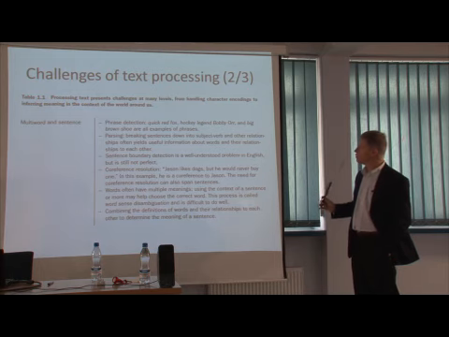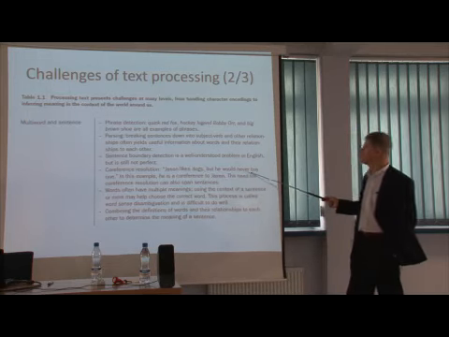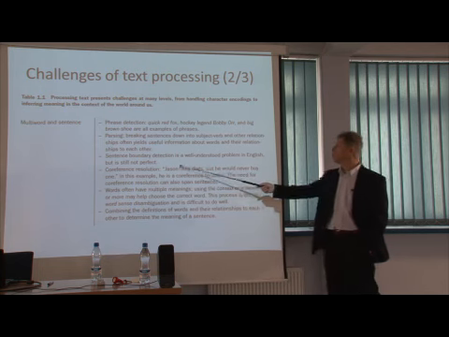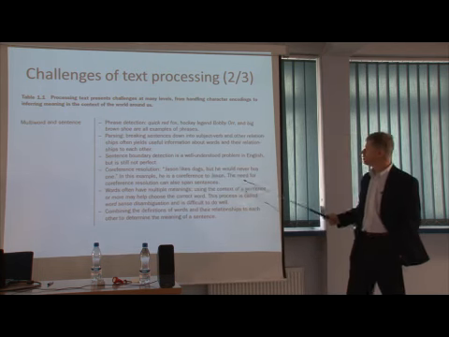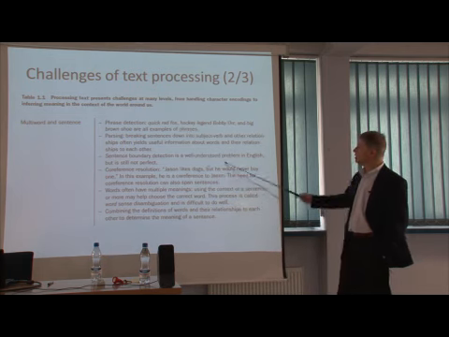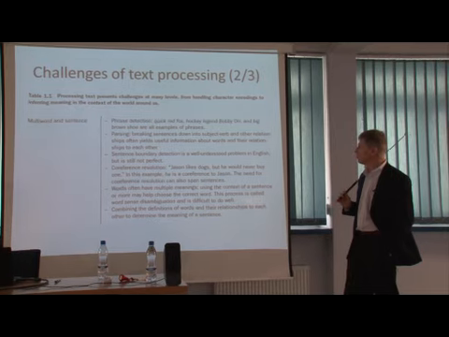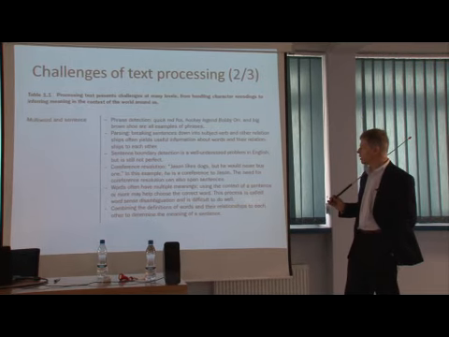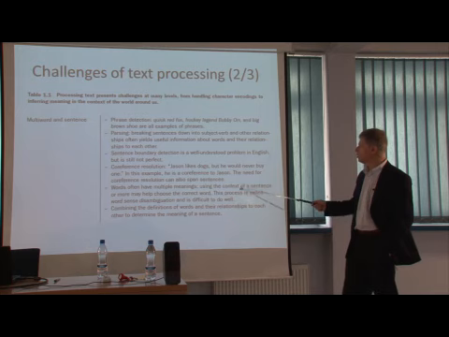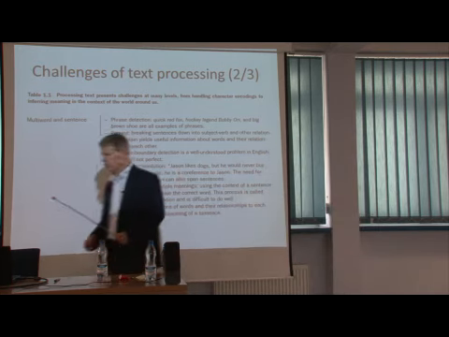Sentence boundaries we discussed a second ago. Coreference resolution: Jason likes dogs, but he would never buy one. He probably refers to Jason, one refers to dog, but this gets much more complicated if you have longer passages of text. And then multiple meanings of a sentence, we're going to see quite a bit of that in action.